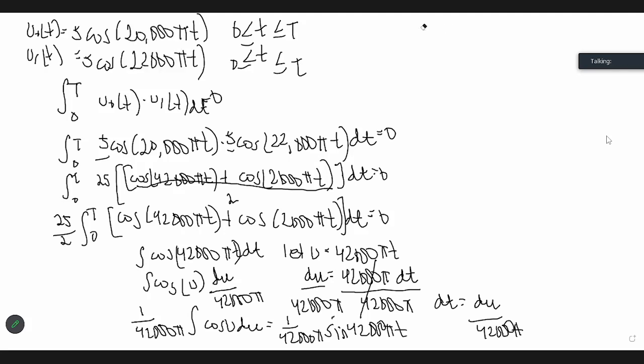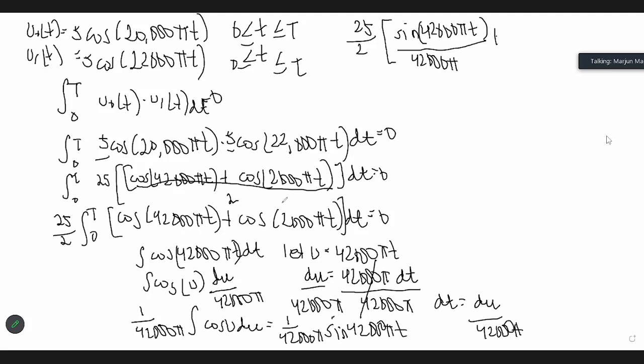Then draw. Okay? So, ang kasunod po nun ay, pinakita ko lang paano mag-integrate. So, that is 25 over 2. Okay? So, ang integral ng cosine 42,000 pi t ay sine 42,000 pi t over 42,000 pi plus.